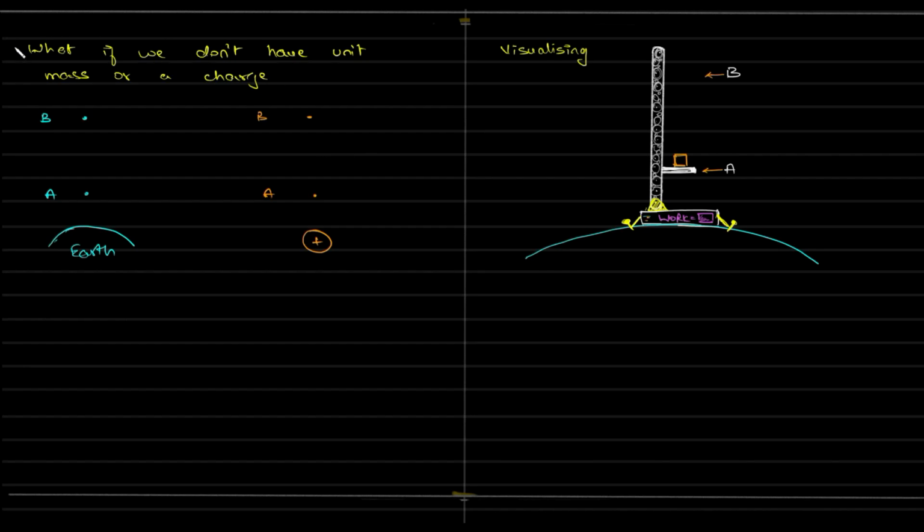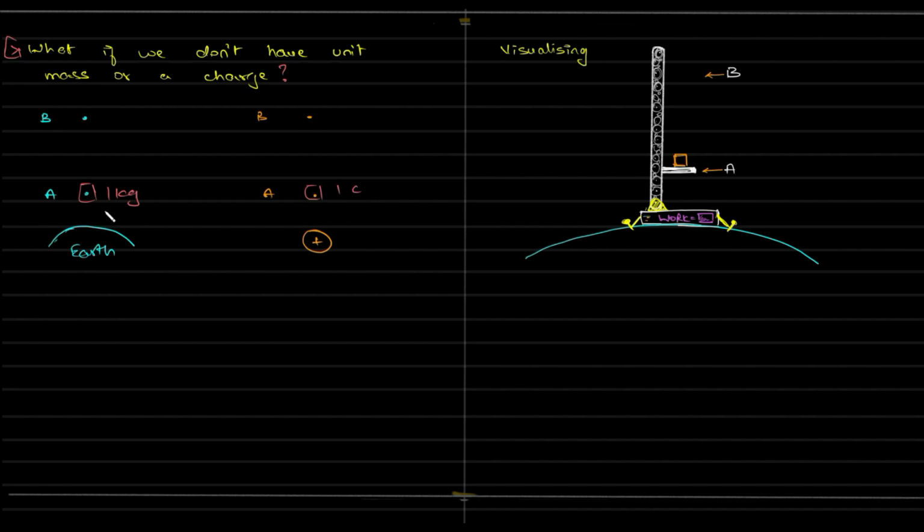So before we look into the formula, I want to ask you guys a simple question. What if we don't have a unit mass or a charge? The point I'm trying to make is, if I want to find the potential difference between A and B, in case of gravity, I need 1 kg mass. If I want to find the electrical potential difference between A and B, I need 1 coulomb of charge.